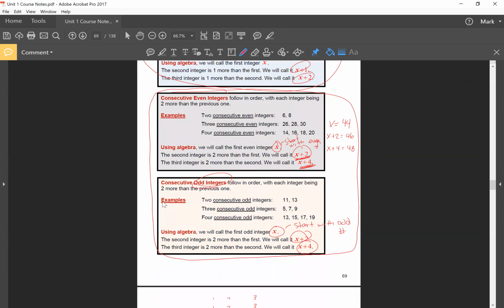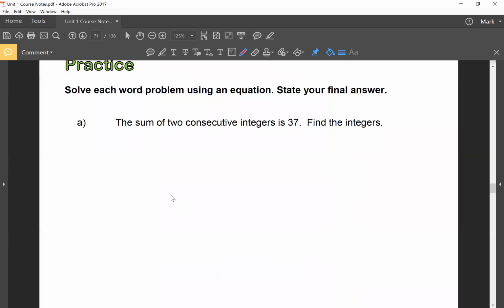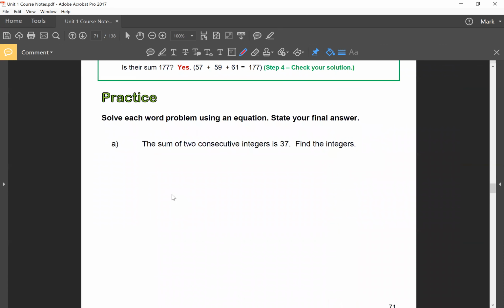All right, let's practice. This probably doesn't mean a lot to you guys. Some of you might be sitting here thinking, uh-oh, I do not understand this. Let me show you. 2 consecutive, there's no mention of even or odd here. So this says the sum of 2 consecutive numbers, 2 numbers in a row, would be 37. Now, I know that these integers will be x and x plus 1. They're not even, they're not odd, it's just 2 in a row.